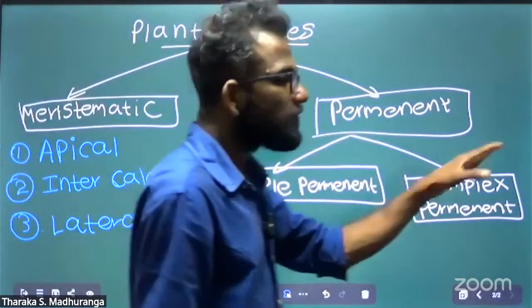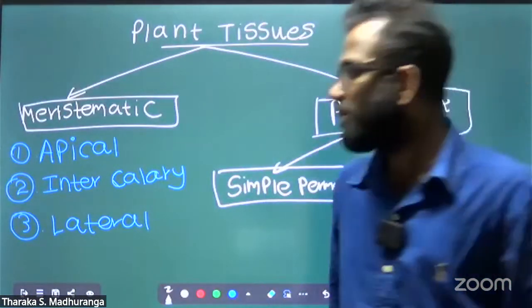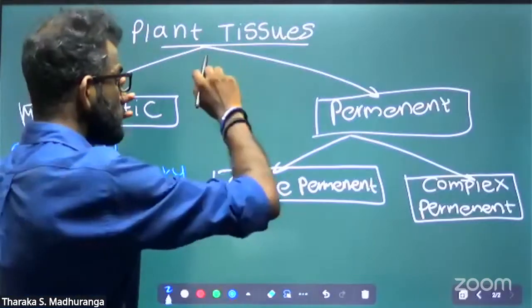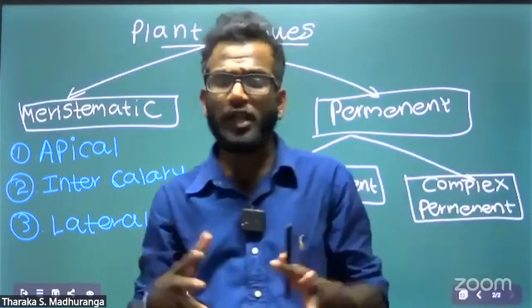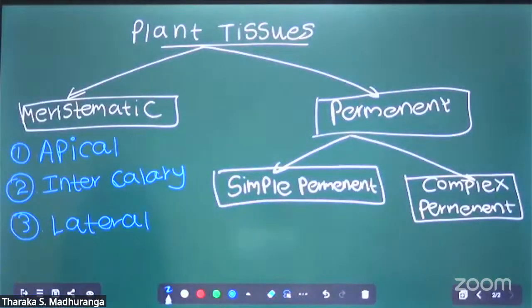Okay, what's the meaning of simple permanent tissues? Simple permanent tissues mean they are made of only one type of cells.